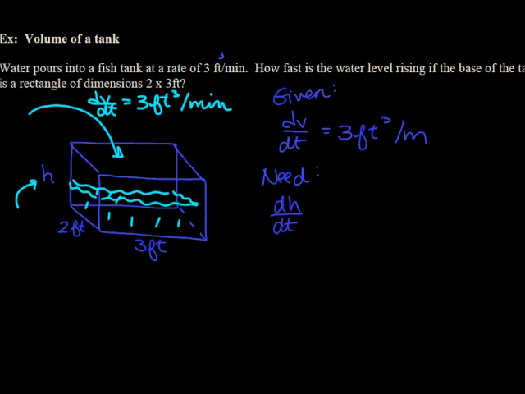And they didn't really give us any particular information other than the base of our tank is going to be 2 by 3. Okay, but the base of our tank, that's not going to be changing. So those derivatives, those are going to be equal to 0. So this is a constant. And this is a constant.